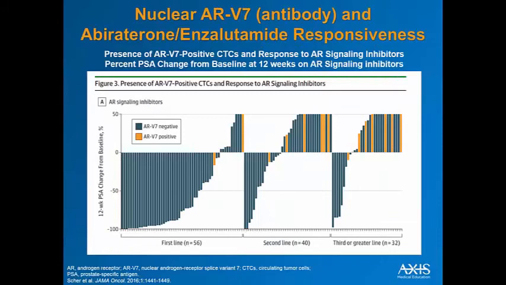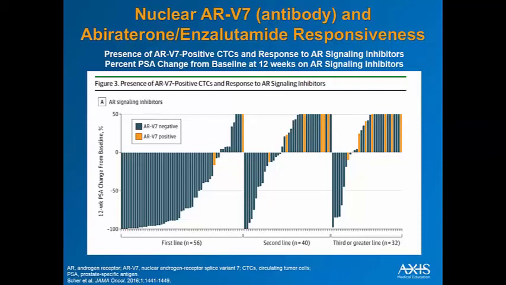It is helpful, but a lot of people don't have circulating tumor cells. If they don't have circulating tumor cells, you can't do this assay. One thing that has come forth is different ways of looking at circulating tumor cells, those are CTCs.